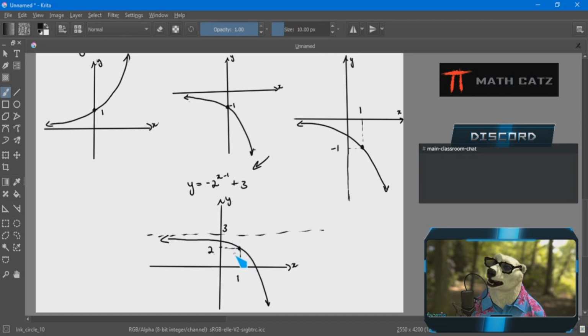And I can now calculate the new y-intercept if I wanted to. Let's do it over here. My graph didn't move around in a way that I could easily keep track of the y-intercept. I can't trust my graph. So I simply set x equal to 0.